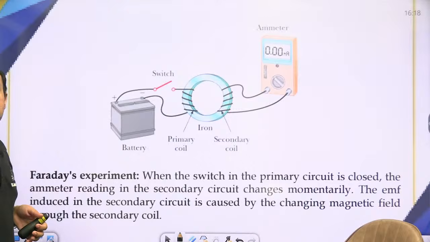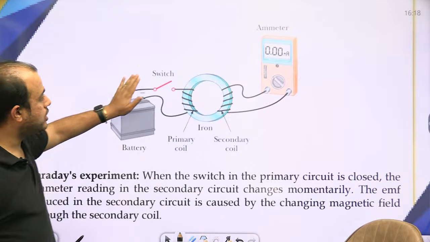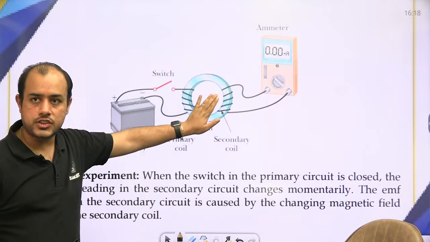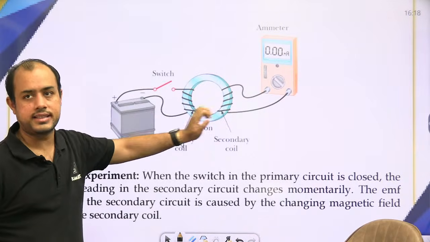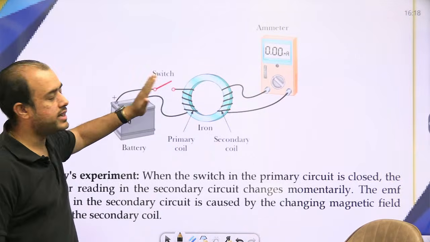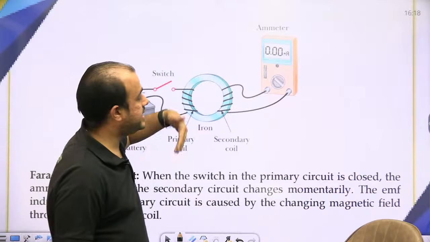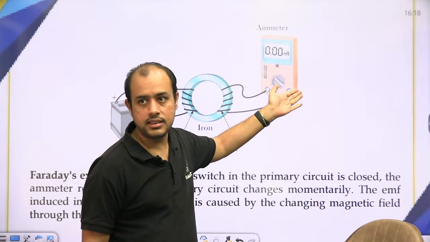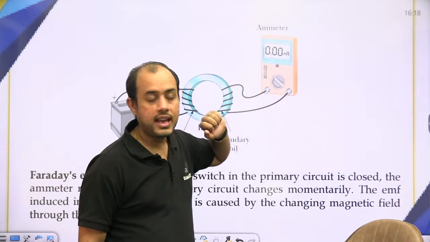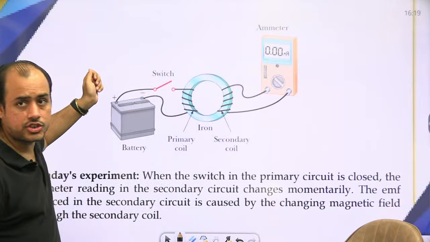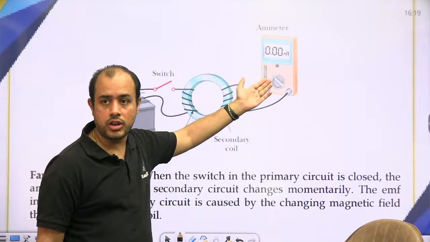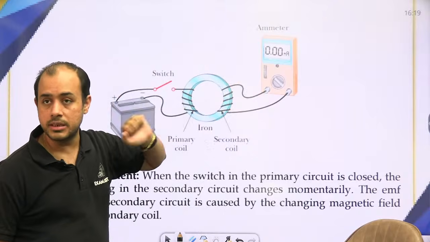Okay, so beta, as soon as he closed the switch, this is like a transformer where there is a primary and a secondary coil. As soon as he closes the switch, he sees a reading on the ammeter, but then the reading becomes 0. And again when he opens the switch, there is a deflection on the ammeter and then it becomes 0.